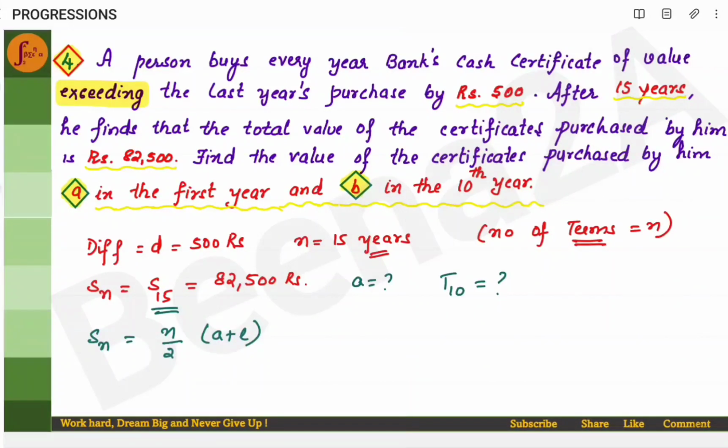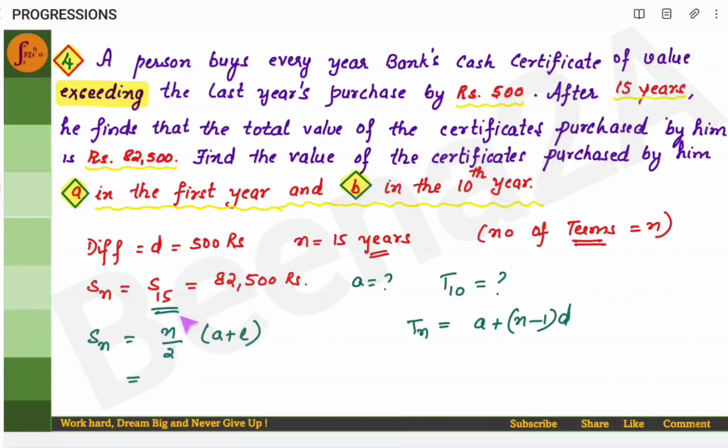Now we'll also have to use the term formula. See, arithmetic progression is very easy. There are only two formulas, the sum formula and the term formula. The term formula is A plus n minus 1 into D. Now using these two formulas, we can answer this question, right?